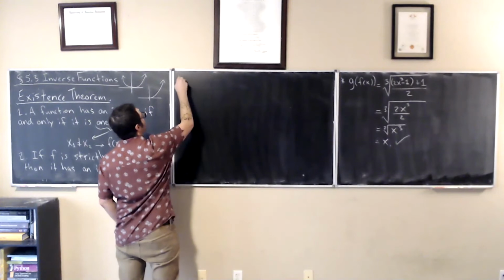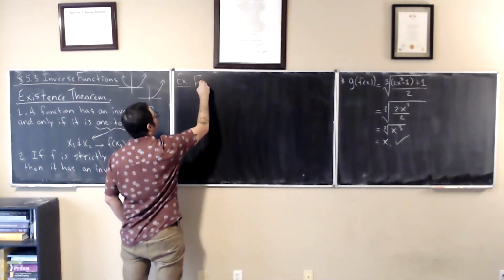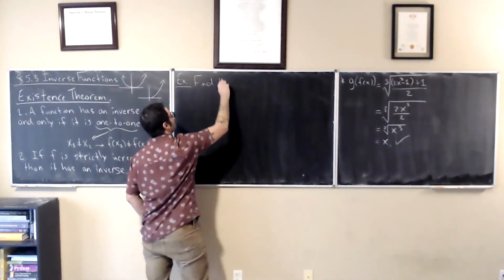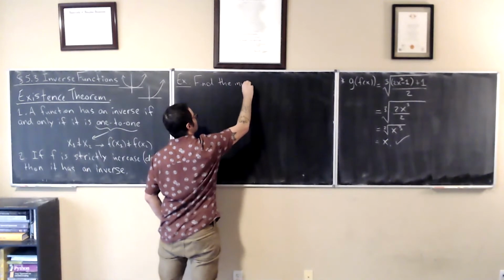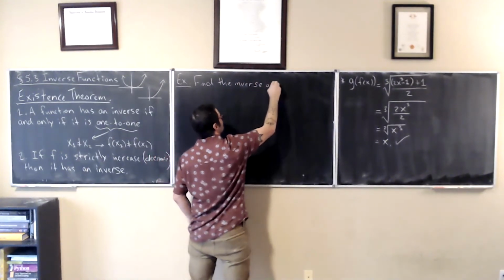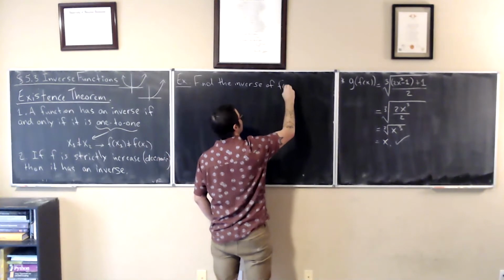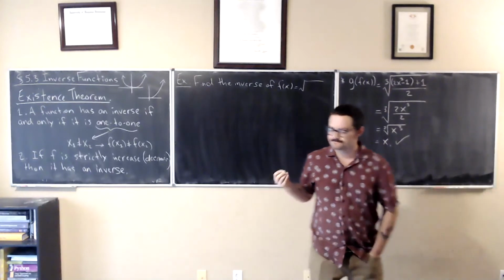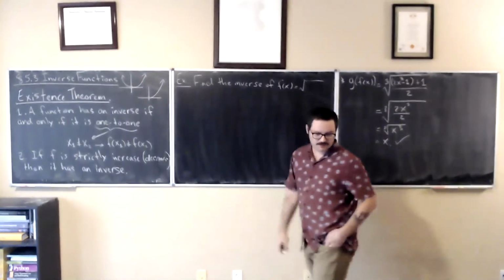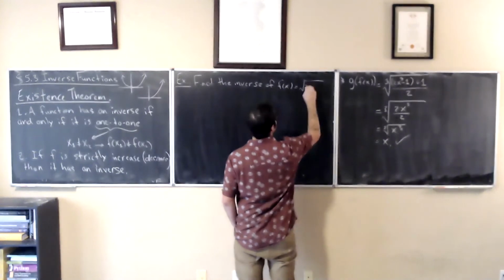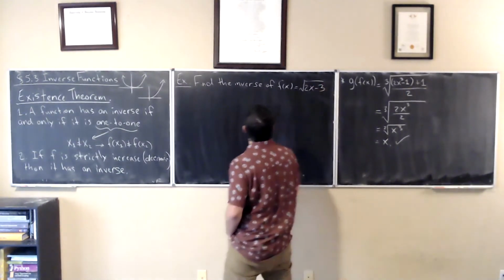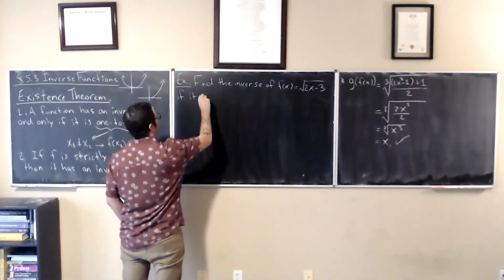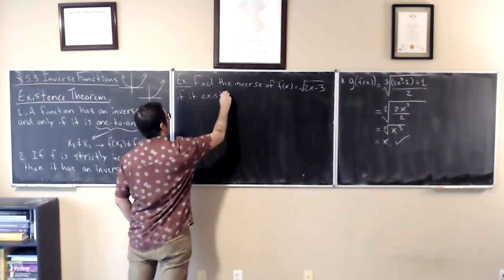So maybe find the inverse of f of x equals the square root of 2x minus 3.